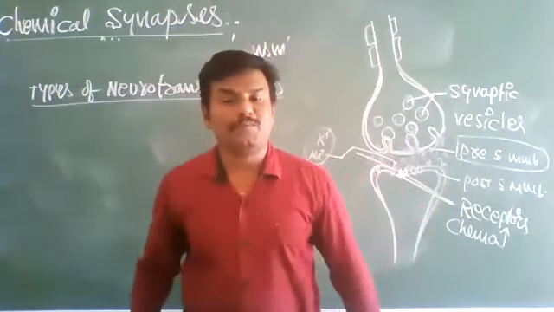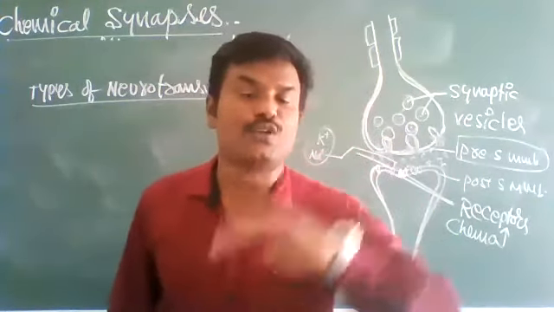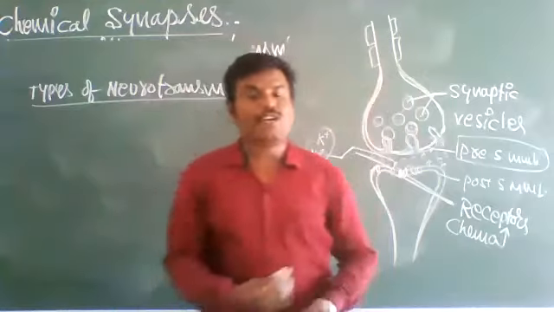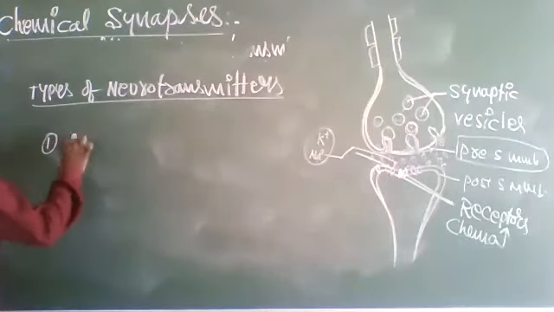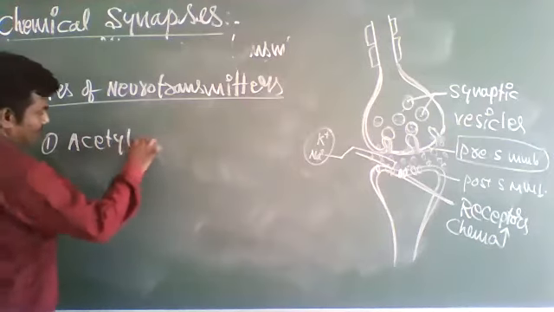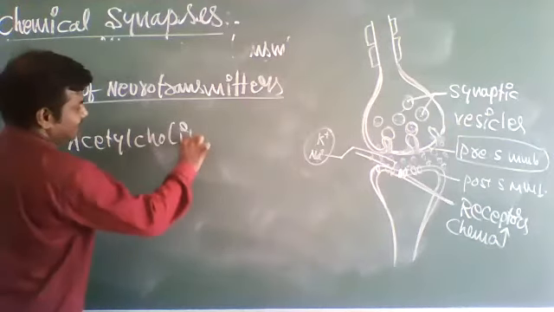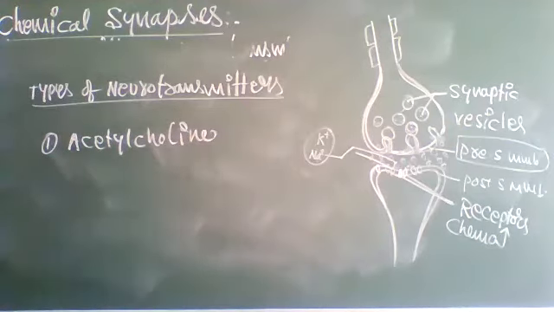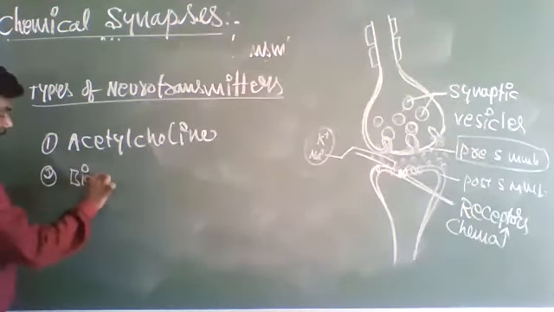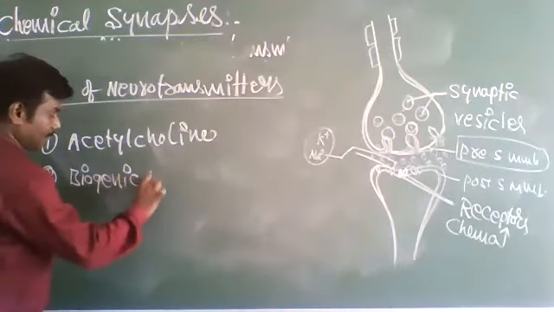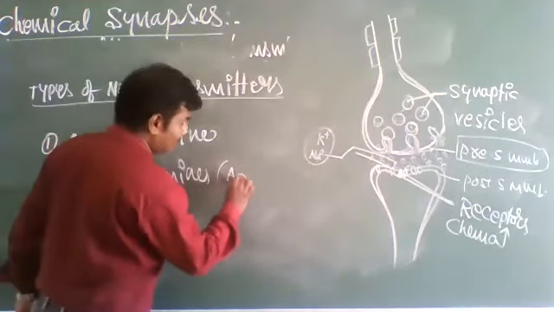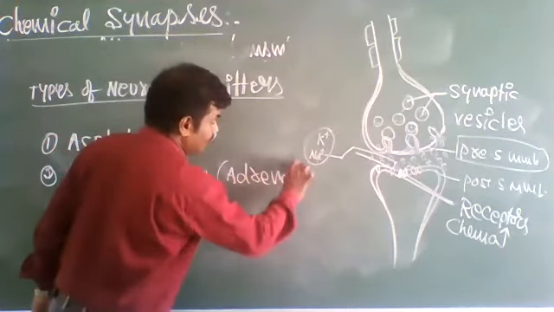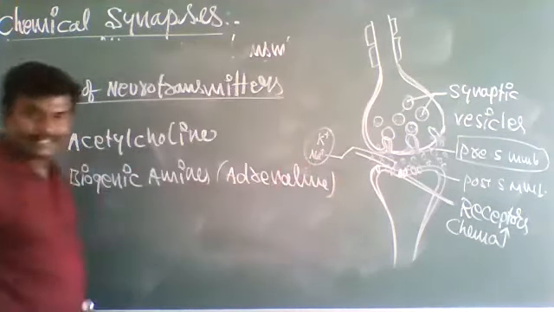Those 30 neurotransmitters have been classified into 4 types based on their chemical structure. First one is acetylcholine. Second one is biogenic amines, also called adenine.